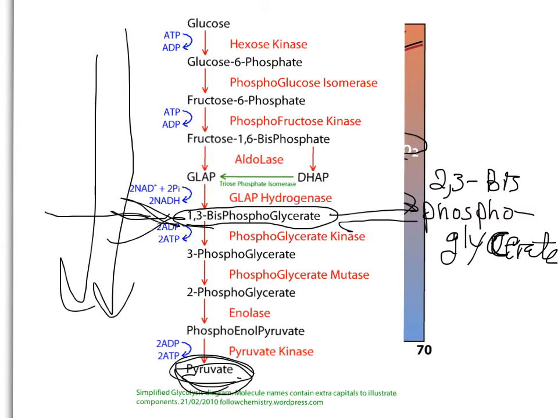Anyway, so pyruvate, in the absence of oxygen, doesn't get utilized very well compared to when oxygen is present. So the pyruvate builds up, and that leads all these metabolites to build up.